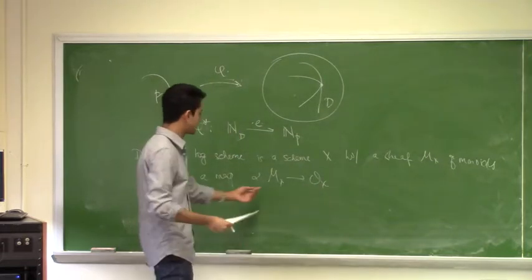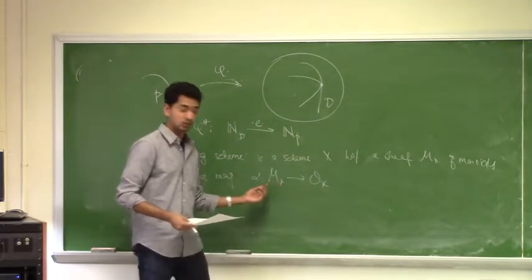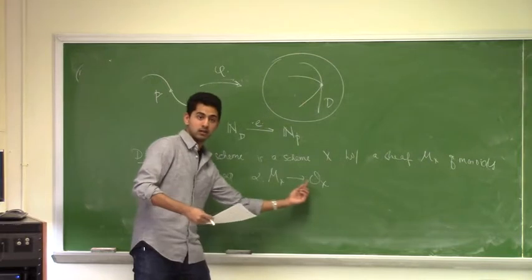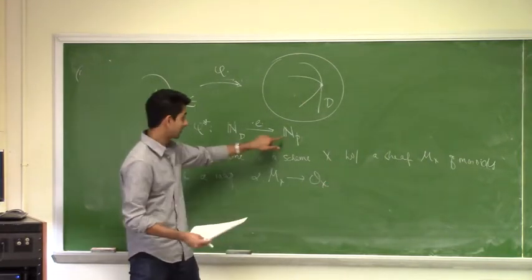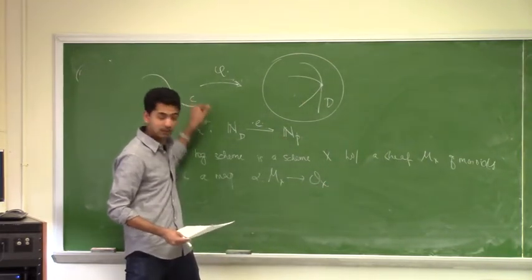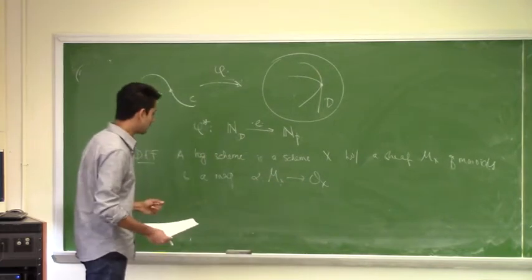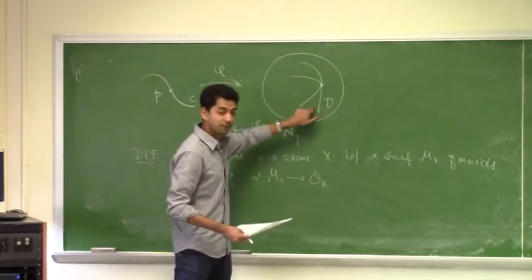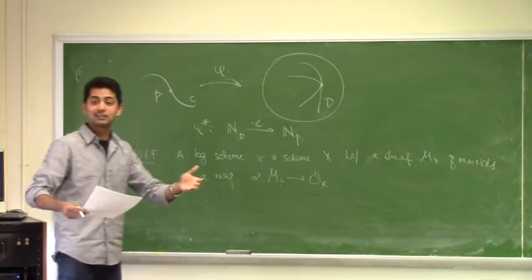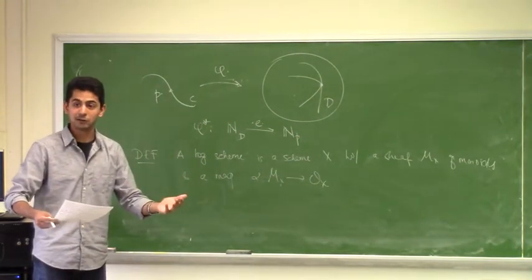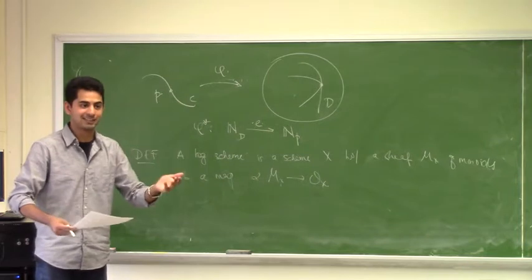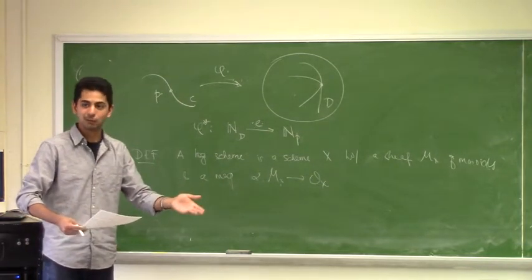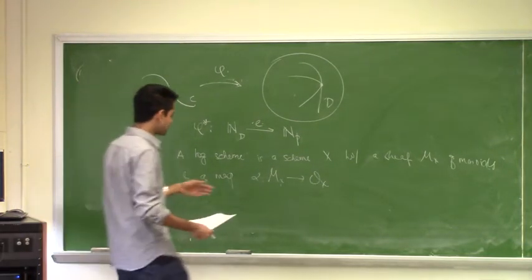What is M_X? It's a collection of distinguished functions. So I want to tell you how to think about an element of a monoid as a function. So 3 in here should be thought of as T cubed, and that's what this map is telling you. And additionally, what is T and what is the function cutting out D? They're the functions that become invertible once I throw out the boundary. It's a tautological thing to say: cut out the boundary, so when I throw it out, it becomes invertible.